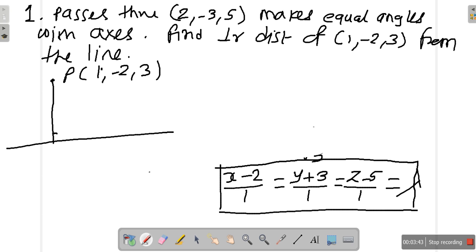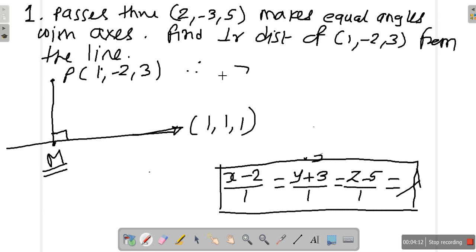This is a line. This line has a vector along the line as i plus j plus k, I write it as 1, 1, 1, and this is M. Our first job is to find the coordinates of M. So you can see that on this line, we can get the x coordinate, y coordinate and z coordinate.